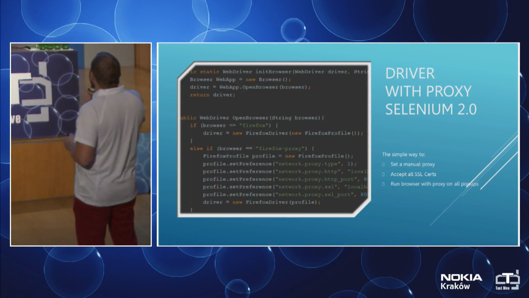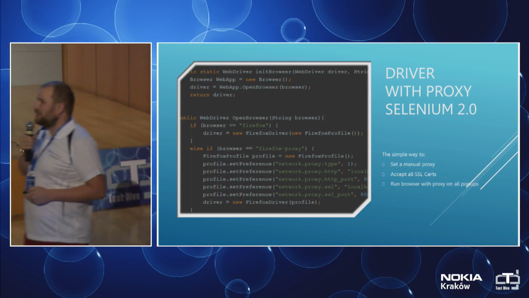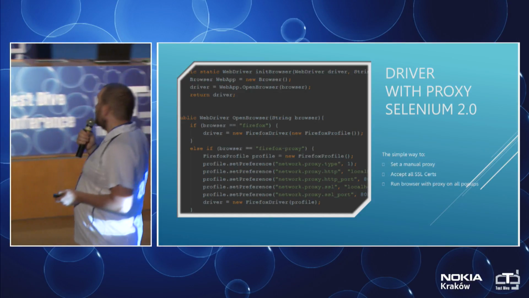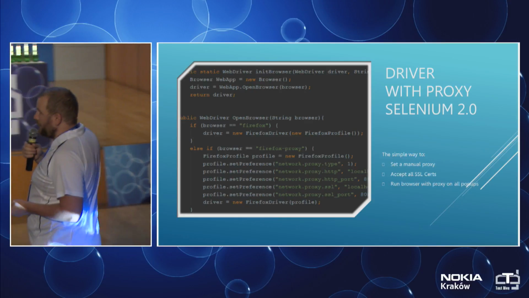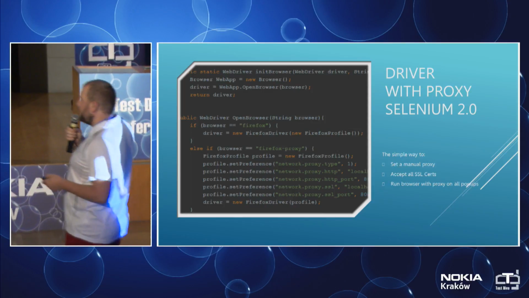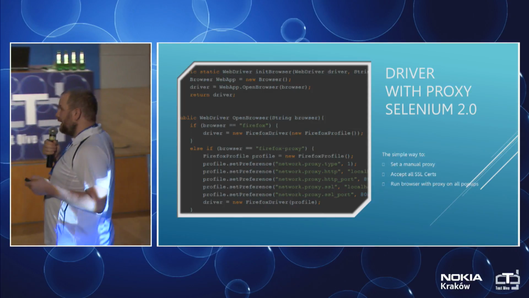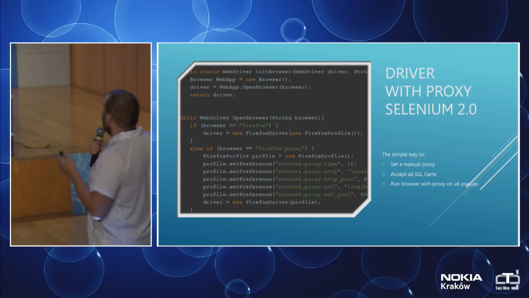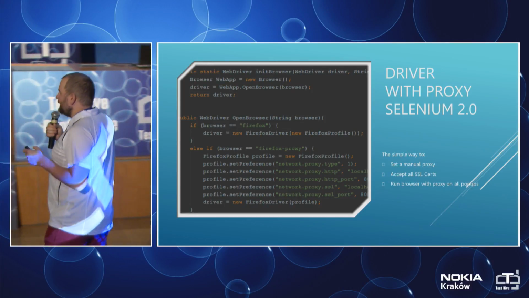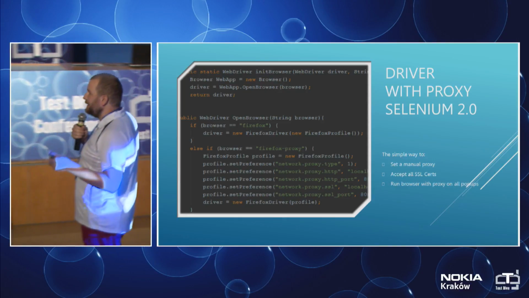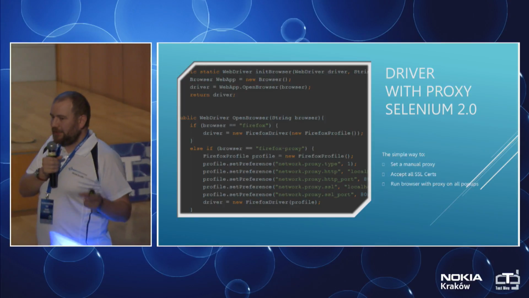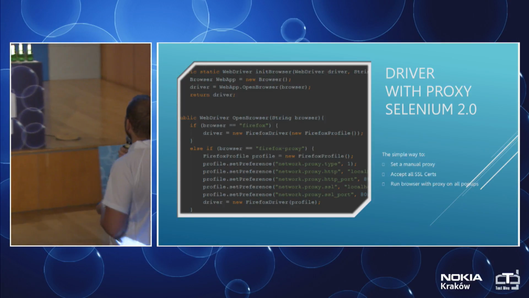There are solutions like FoxyProxy for Firefox, where you can set your proxy, but the problem is if you've got pop-up windows, those pop-up windows will load with the default configuration instead of the one that you set in FoxyProxy, because WebDriver, when it's opening, for example, Firefox, does it in a very specific way, and it doesn't load all the plugins and extensions that you have installed on your default browser instance.